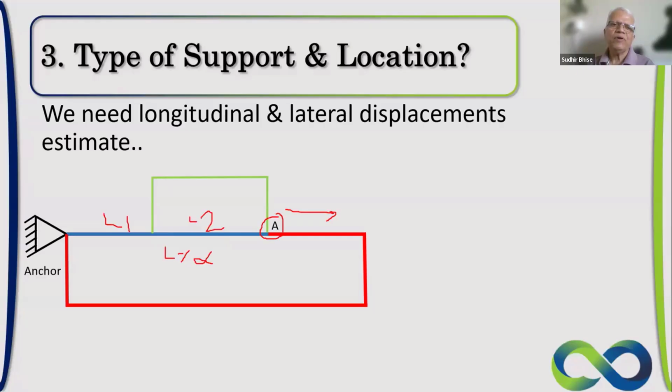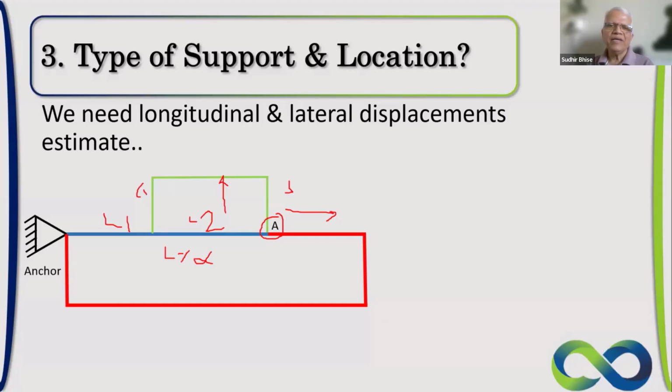Now we have taken the L2 over here, and we have different lengths, say A and B here. Here you will find that the expansion of A is going to be compensated by the expansion of B, because they are in the same direction, and they are going to expand by the same amount, in equal and opposite directions.